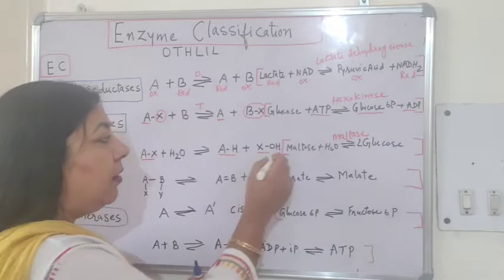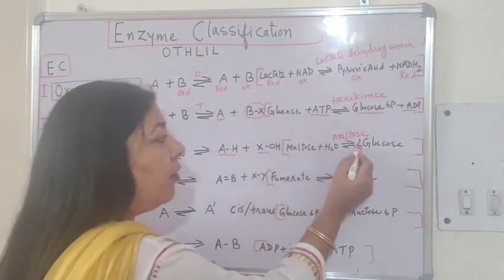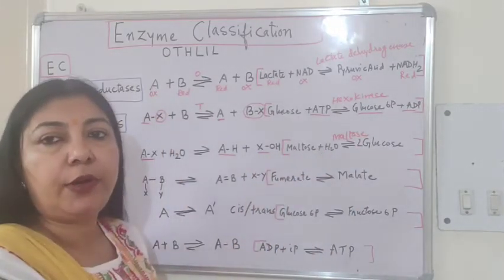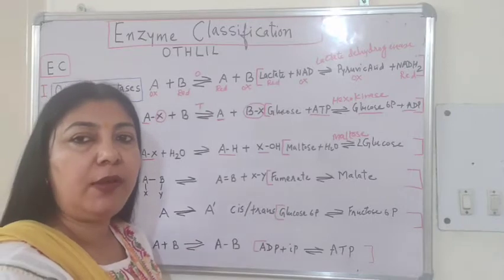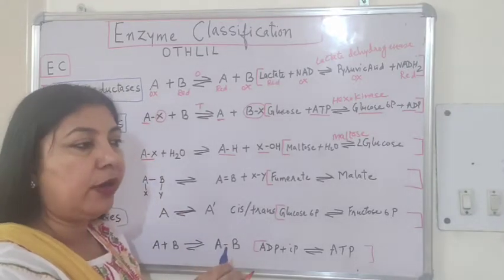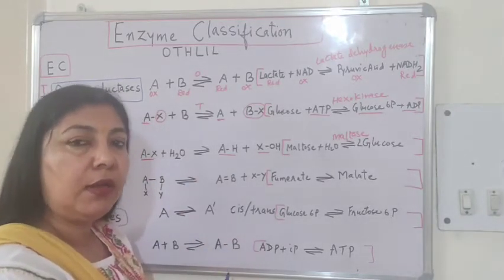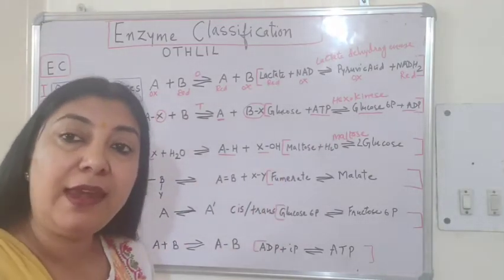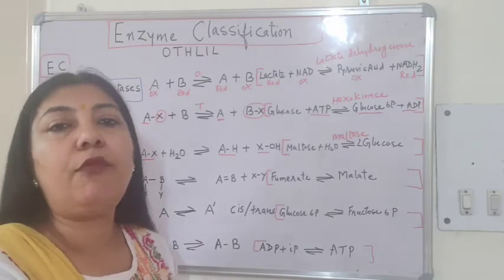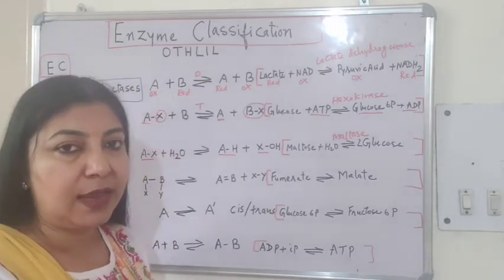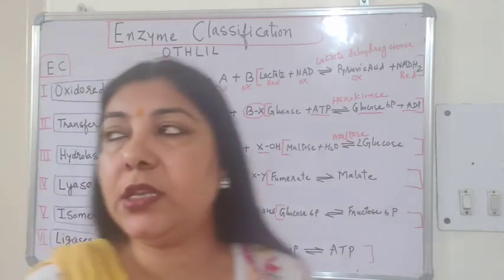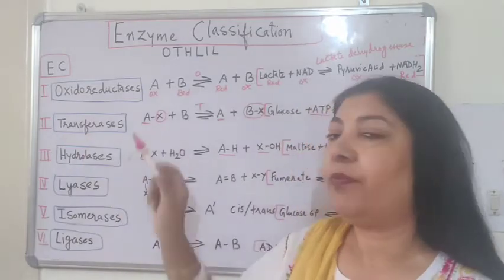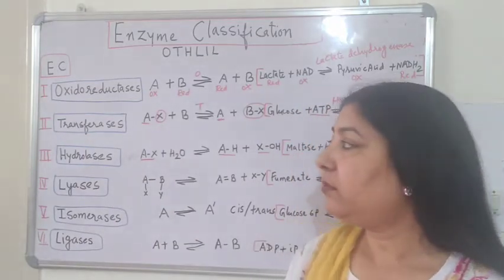As a result, 2 glucose molecules will be produced. The glycosidic bond will be broken. So big molecules are broken down into smaller molecules by this enzyme only in presence of water. If water is not present, this enzyme will not work. So this was about class 3, hydrolases.